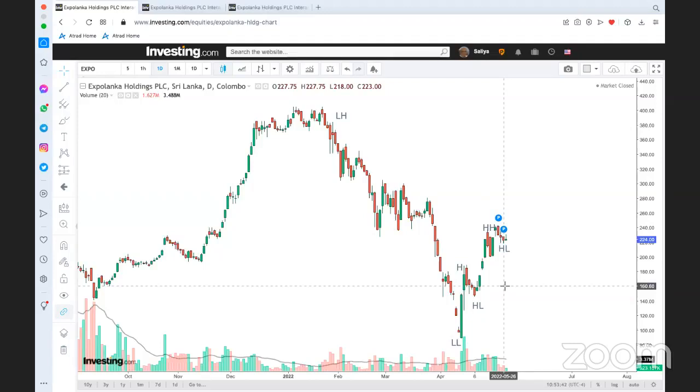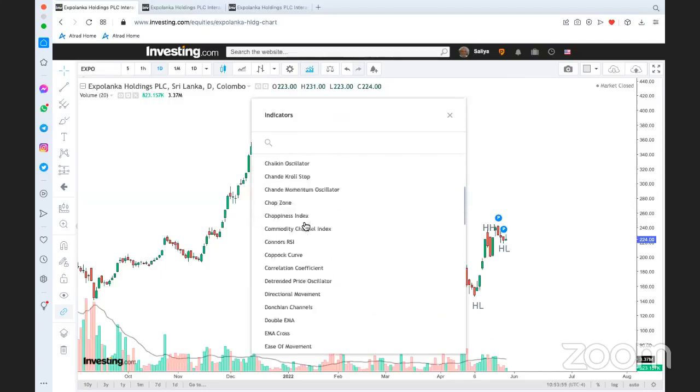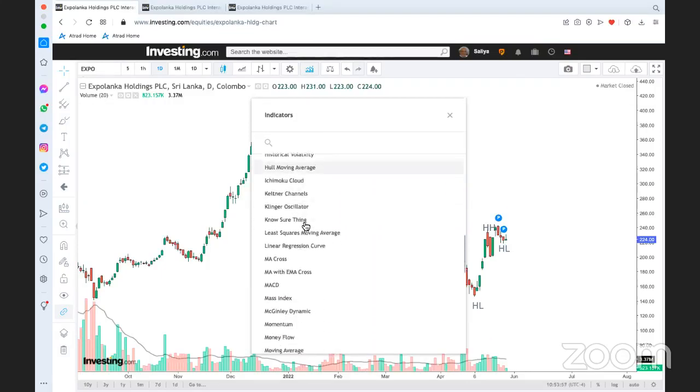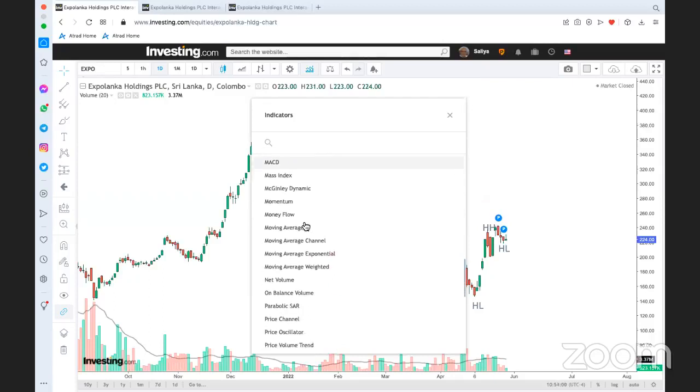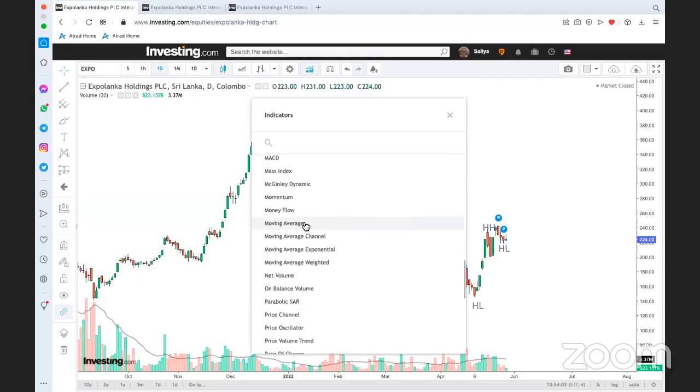For that, we use short-term moving averages to long-term moving averages, right? Now we are using the simple moving average because that is the slowest, right? Of course, you can use the other faster moving averages, but we are using the simple moving average because it's relatively slower than the others.